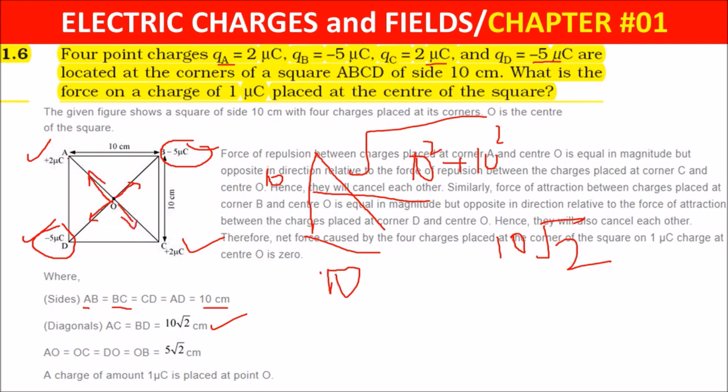So the net force at the 1 microcoulomb charge at the center is 0, because the forces due to both the charges are cancelling each other.